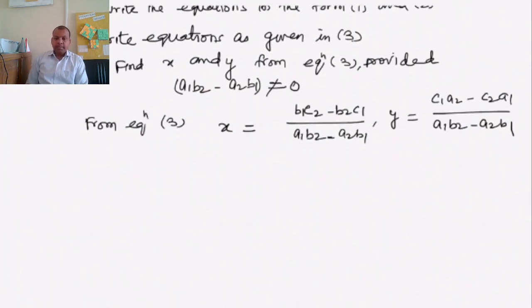Also, before solving a pair of linear equations, we have to check whether it has a unique solution or not. How can we check? By just finding a1 upon a2 and b1 by b2. If a1 by a2 is not equal to b1 by b2, then the pair of linear equations has a unique solution.